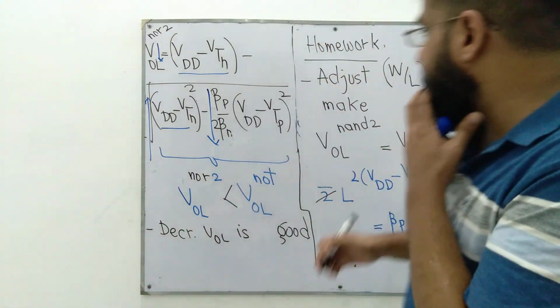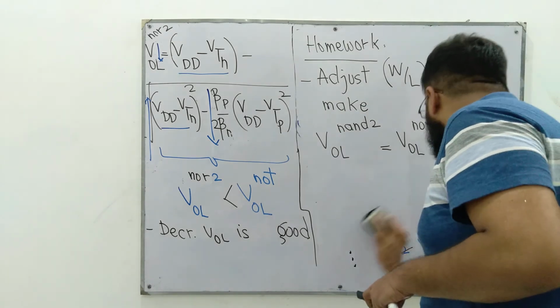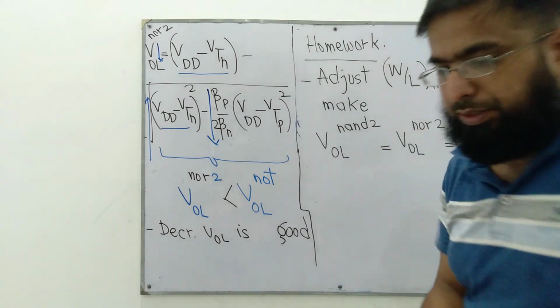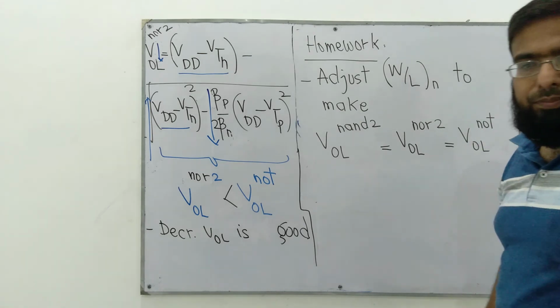So this is your homework. You have to arrange aspect ratios so that all these VOLs are the same and they must be equal to the VOL of NOT, right?